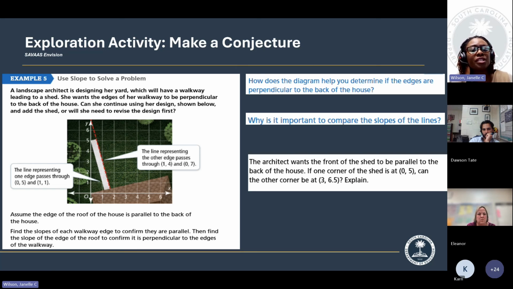If one corner of the shed is at (0, 5), can the other corner be at (3, 6.5)? Explain. This one sample problem encompasses a lot of different strategies for students to explore.